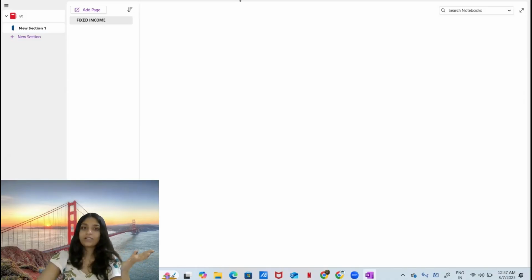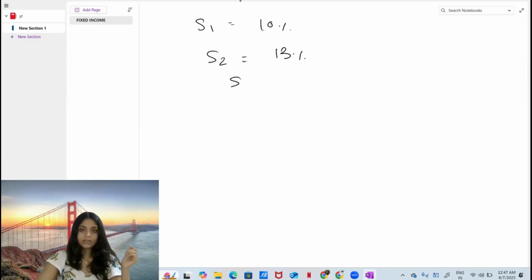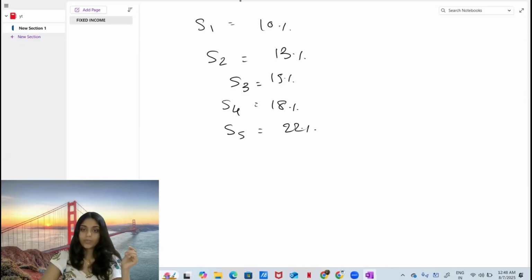Let's take an example. Suppose spot rate of year one is given as 10%. Year 2 is 13%. Year 3 is 15%. Spot rate for year 4 is 18%, and spot rate for year 5 is 22%.